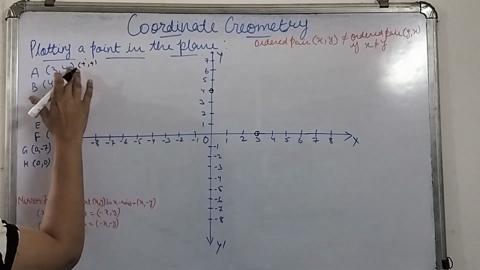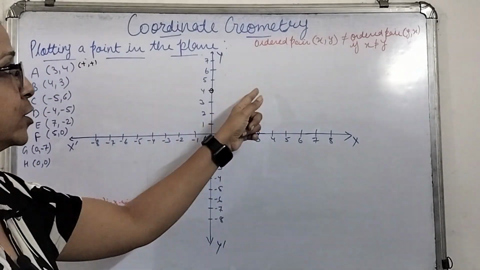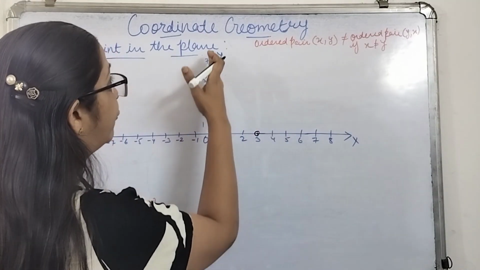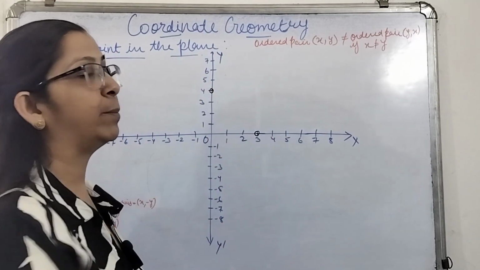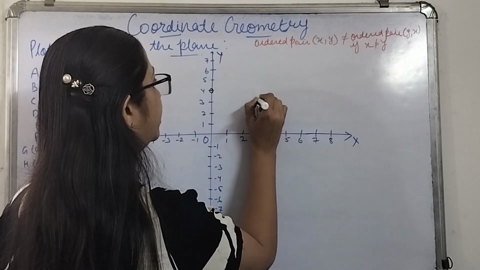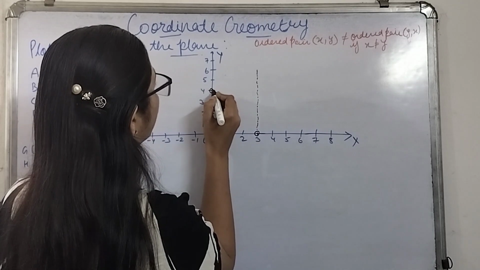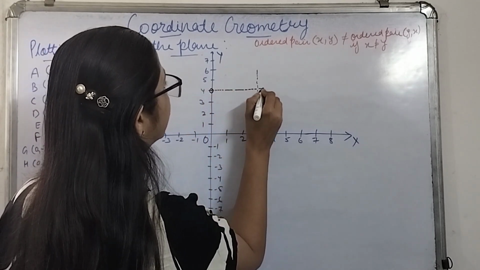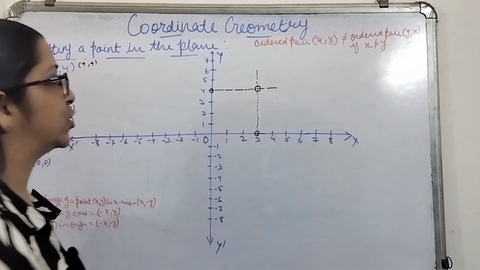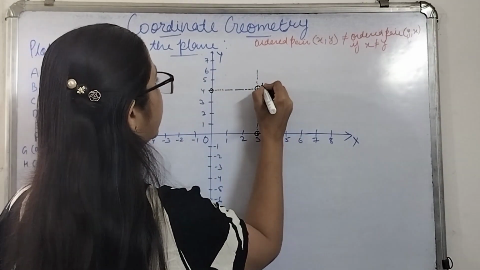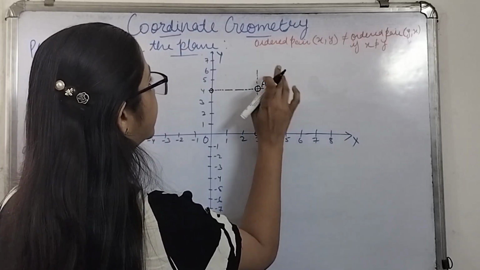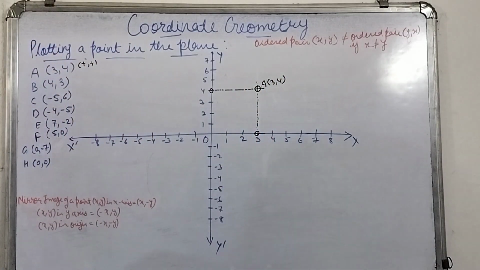Since the point lies in the first quadrant, from each of these marks we draw a perpendicular in the first quadrant. The point where both of them intersect each other will be the point A, and its coordinates will be 3, 4. This is how we can plot the point.